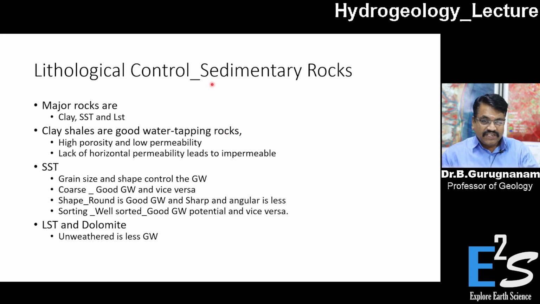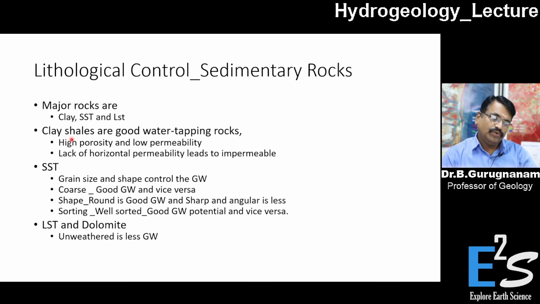Coming down to the sedimentary rocks, how is the lithology controlled for groundwater exploration? There are many rock types, of which the major ones controlling groundwater are clay, sandstone, and limestone. Clay shales are good groundwater tapping rocks, with high porosity and low permeability. Because of this, water stays in this rock over a period of time. That's why it is good for agriculture, because we need water for quite a long time.